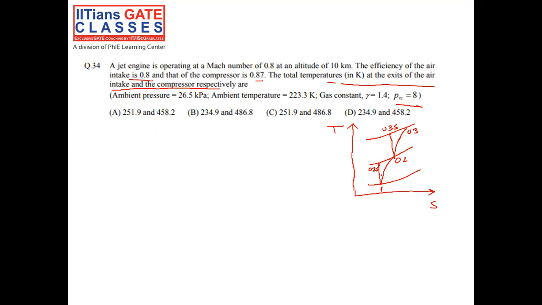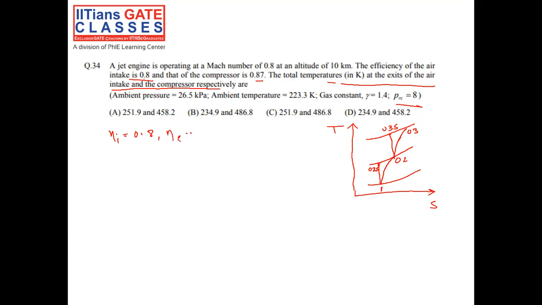So 1 to 2s is the flow through inlet when the flow is isentropic, and 2 to 3s also is the flow through compression in isentropic condition, and this point denotes the real condition. So 1 to 2 is the flow through inlet in real condition, and 2 to 3 is also flow through compressor in real condition.